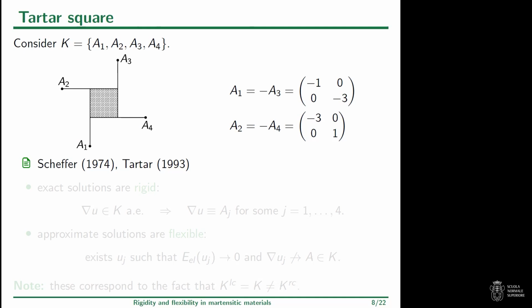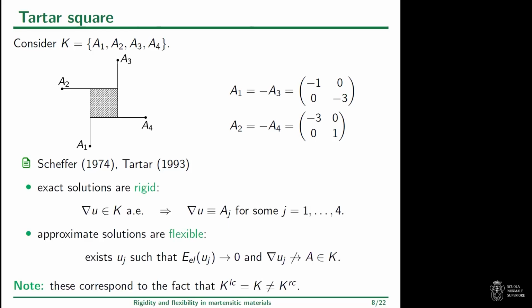Nevertheless, the rank-1 convex hull is non-trivial and is exactly the picture that I put here. So if you want to go to minimizing sequences, you cannot really do easy lamination because these matrices are not rank-1 connected. You have to create something a bit more complicated.